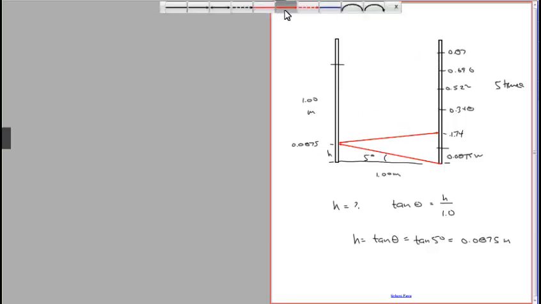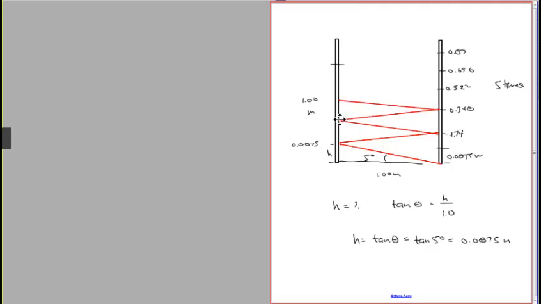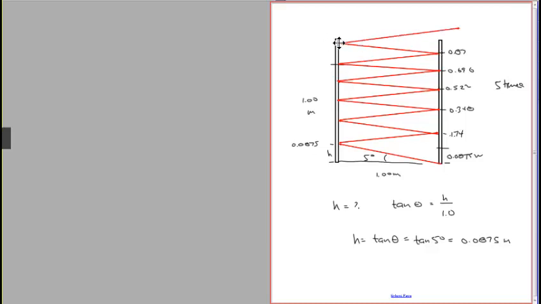So we could draw this in if we really wanted to. So this is going to go over here and then bounce back, go there, bounce back, there, bounce back, go there, bounce back, and it'll go there one more time, and then it'll go outside.